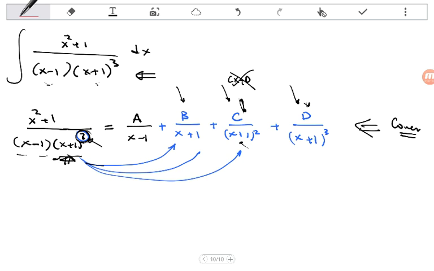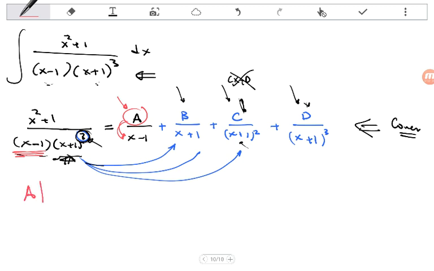One of them I've learned before. Which one could I find by covering? A, which corresponds to the first degree term. For any first degree bracket, I can find its constant by covering easily.